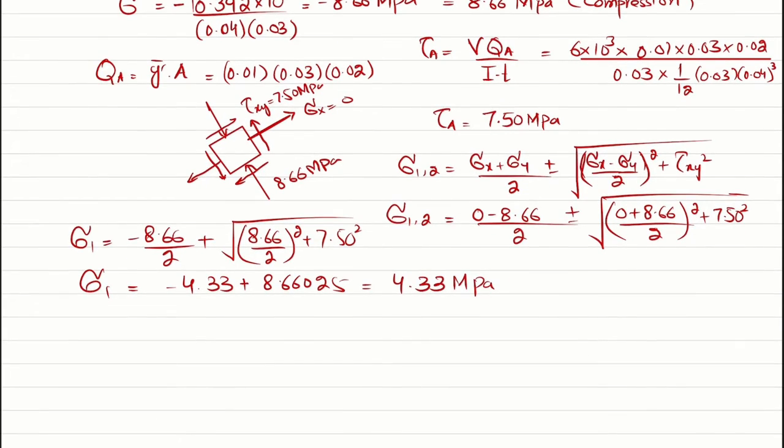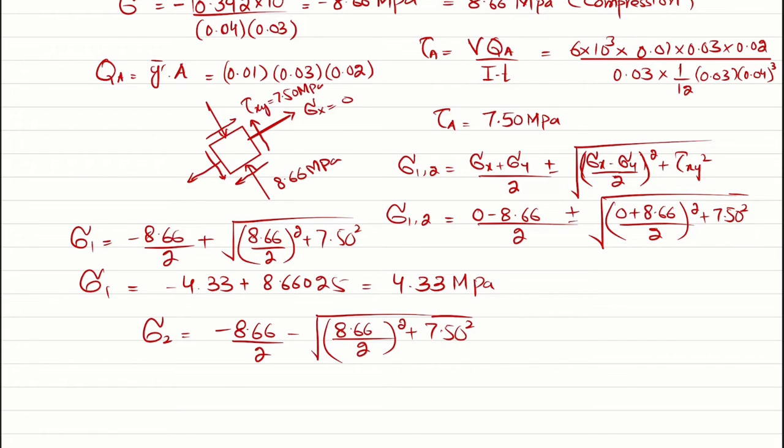Similarly, you can calculate sigma 2, and sigma 2 will be equal to minus 8.66 divided by 2 minus under the root 8.66 divided by 2 whole square plus 7.50 whole square, and that will be minus 4.33 minus 8.66025, and from here you will get this as minus 13 megapascal.